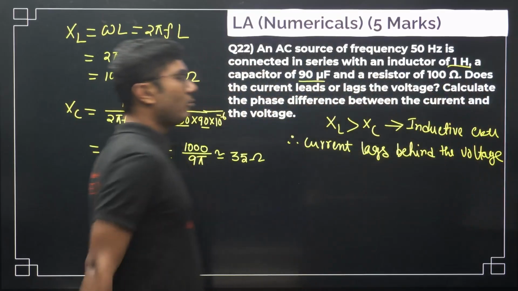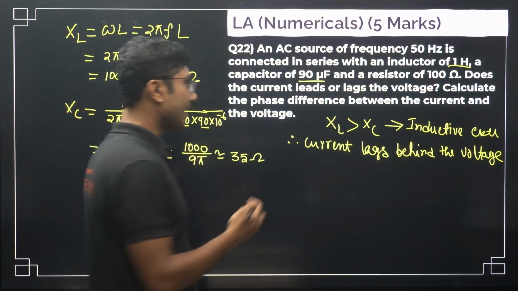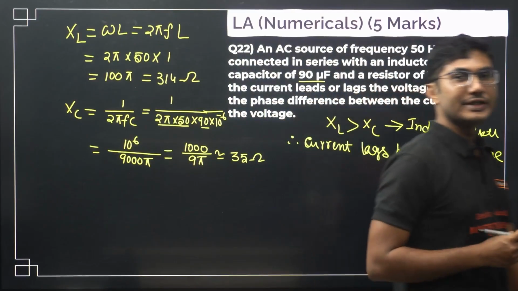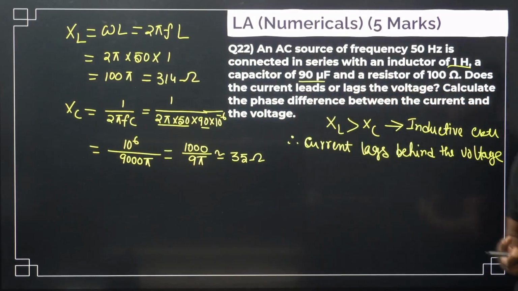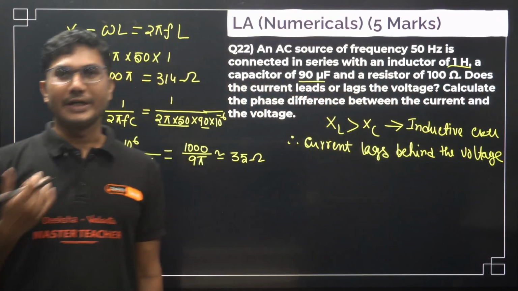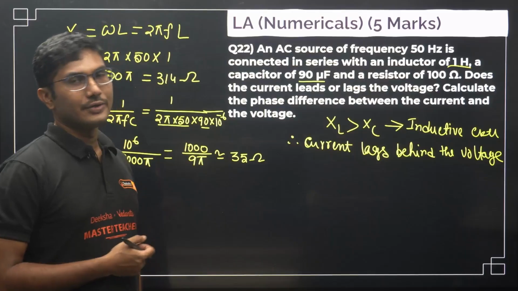This is a small concept: if after calculating XL and XC, you see that the XL value is greater than XC, then current will lag. If XC value is greater than XL, then current will lead.